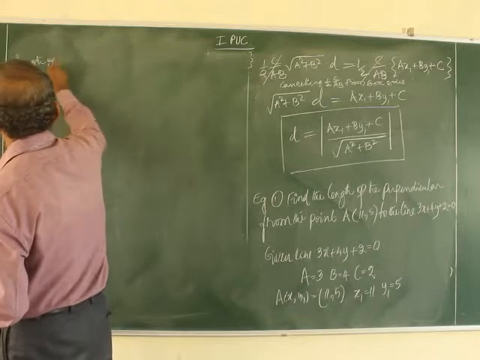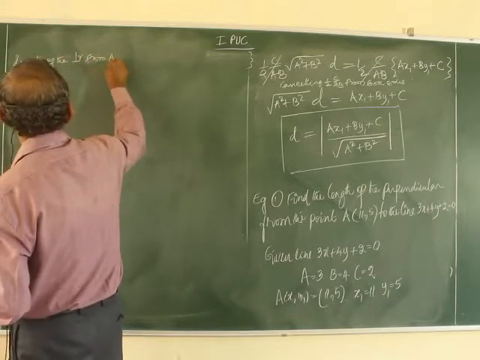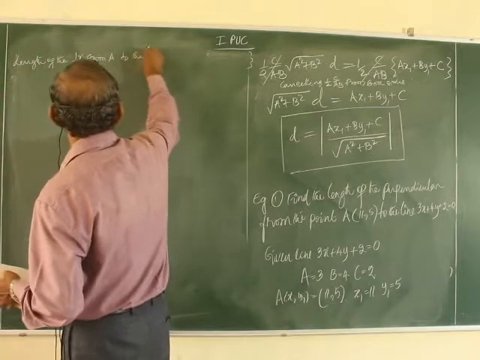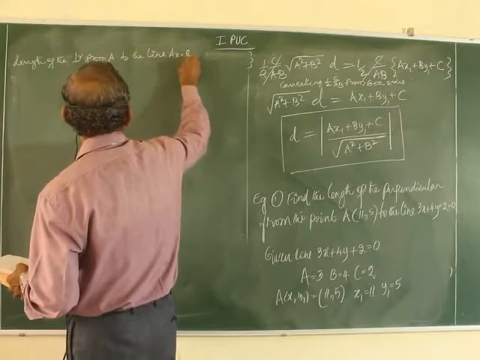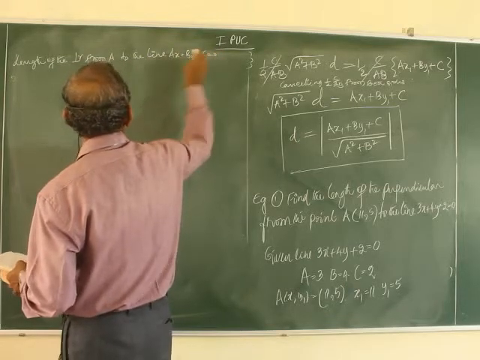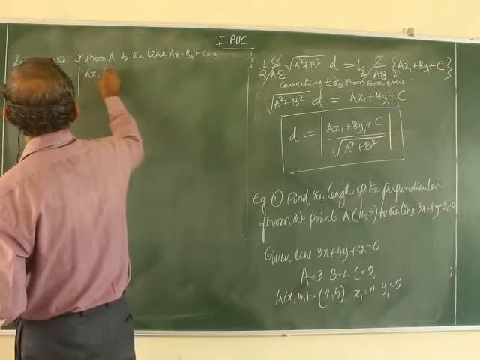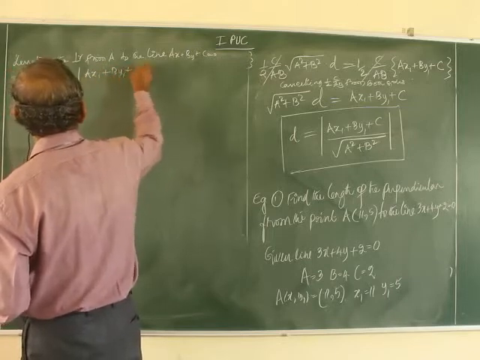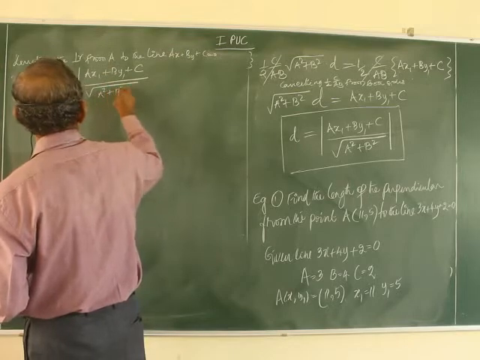Length of the perpendicular from A to the line ax plus by plus c equal to 0 is D equal to mod of (ax1 plus by1 plus c) by root of a square plus b square.